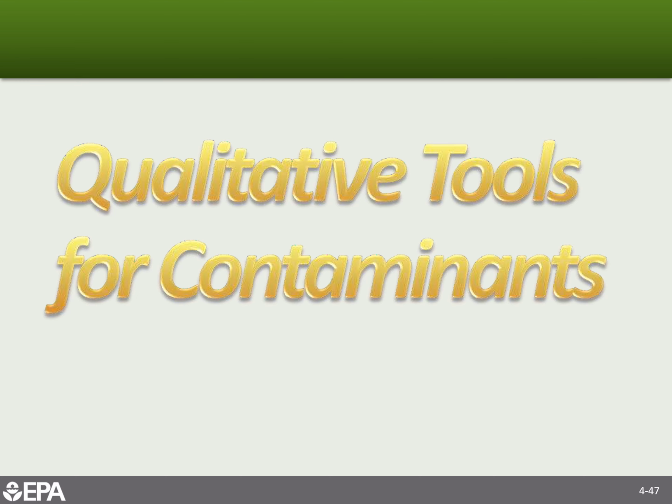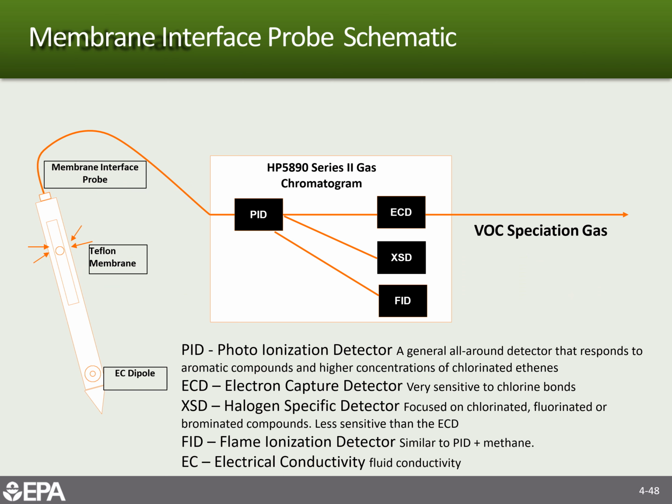So these are some qualitative tools for discussion here. This is the membrane interface probe, which I talked of earlier. There's this Teflon membrane that warms up, and a carrier gas. As the membrane warms up, the VOCs in the groundwater are then transmitted through the membrane and into a carrier gas, which is taken up to the surface and first through a photoionization detector, which is just a general all-around total VOCs.